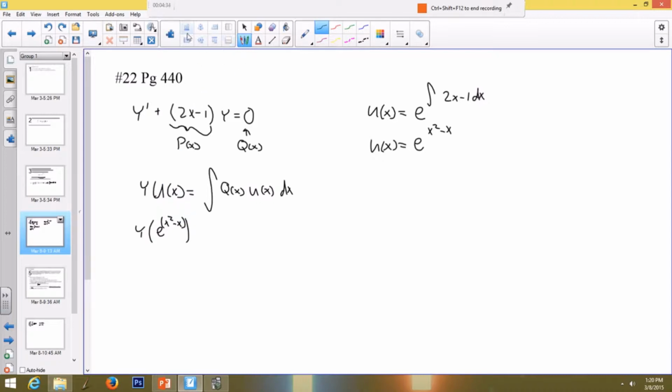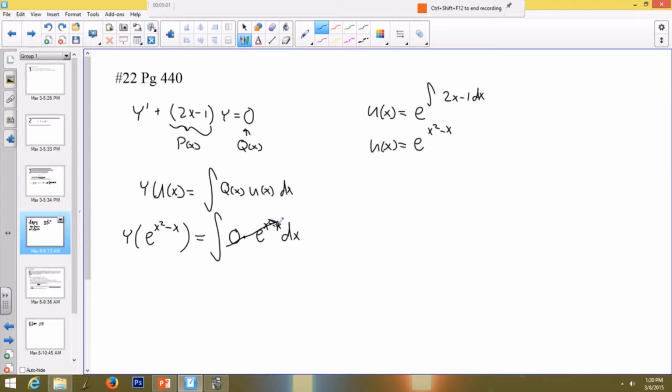Let's write it a little nicer: y times the quantity e to the x squared minus x, and then we're going to take the integral of 0 times e to the x squared minus x dx.